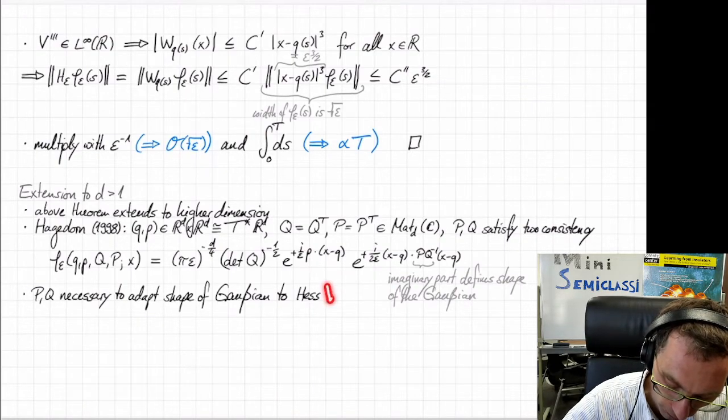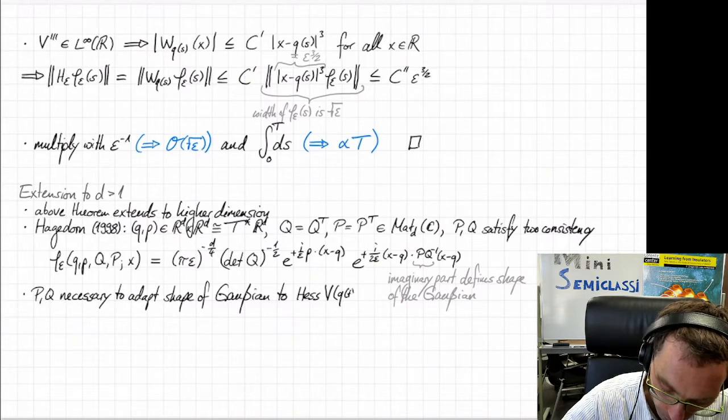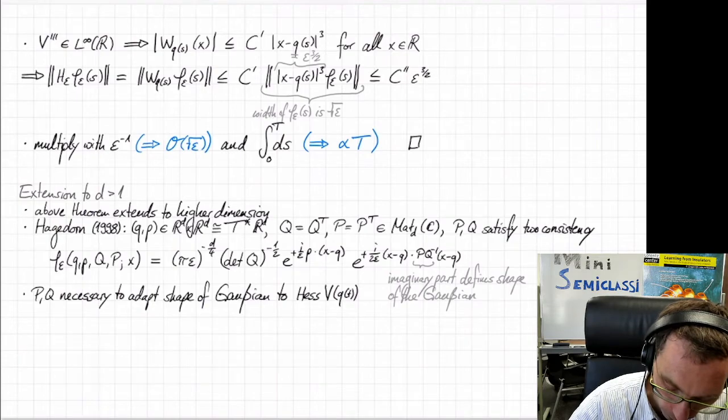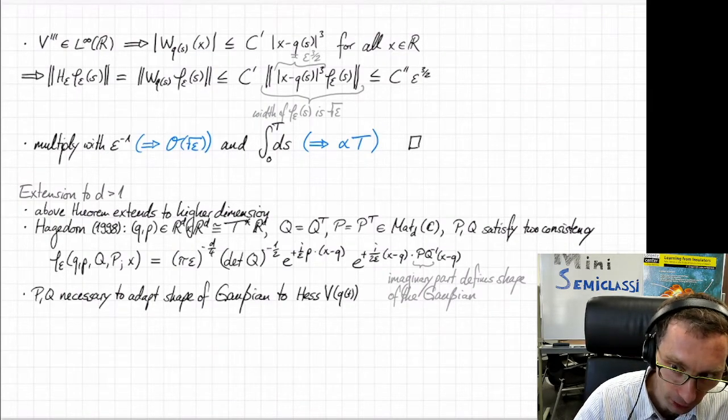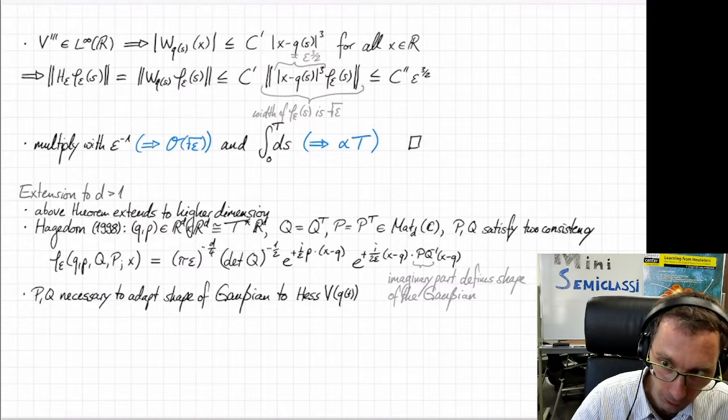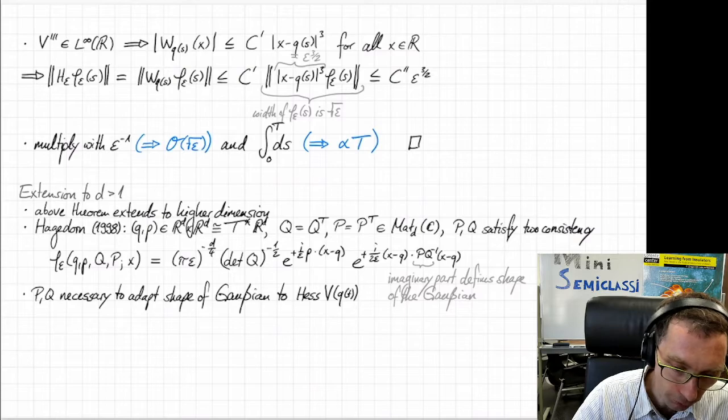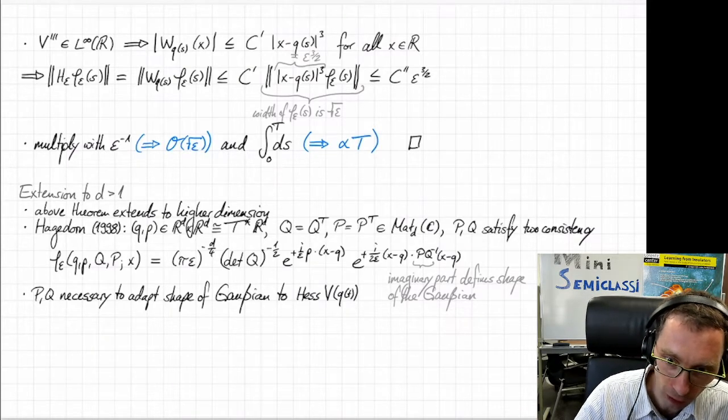So this is just the Hessian of the potential at the point at the center of the wave packet. The Hessian, in case you're not familiar with this terminology, that's just a collection of second order derivatives arranged into a matrix.